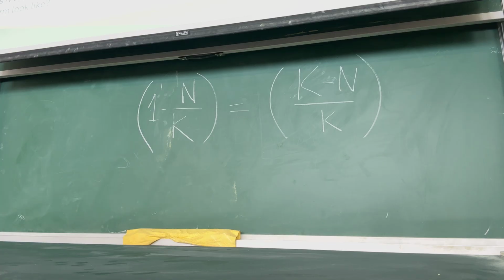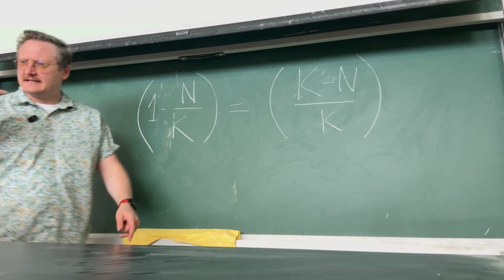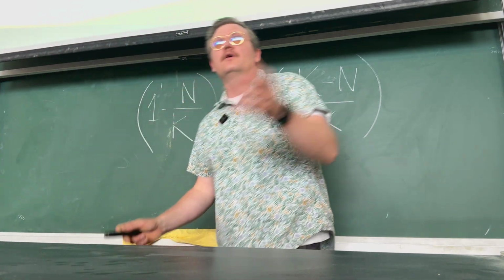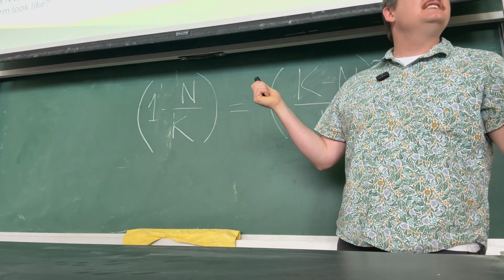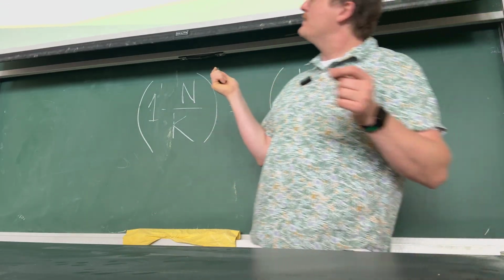So this is an example of a model being an oversimplification. Questions about any of these variables? Everything, the N, the K, the R, it's all good? Okay, great. So this is all about logistic population growth.